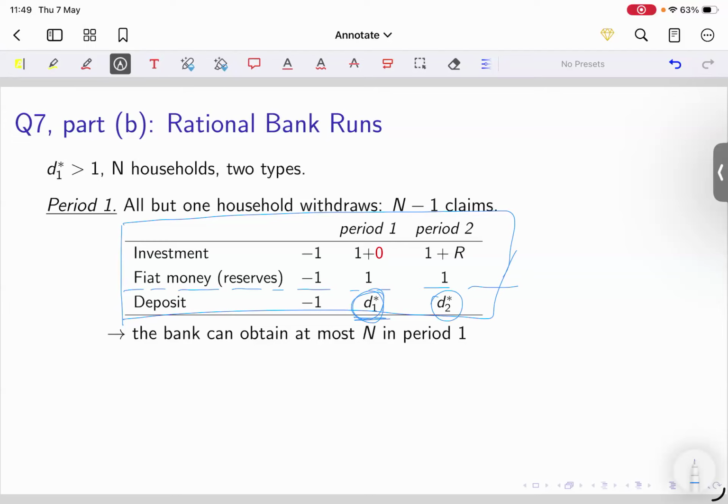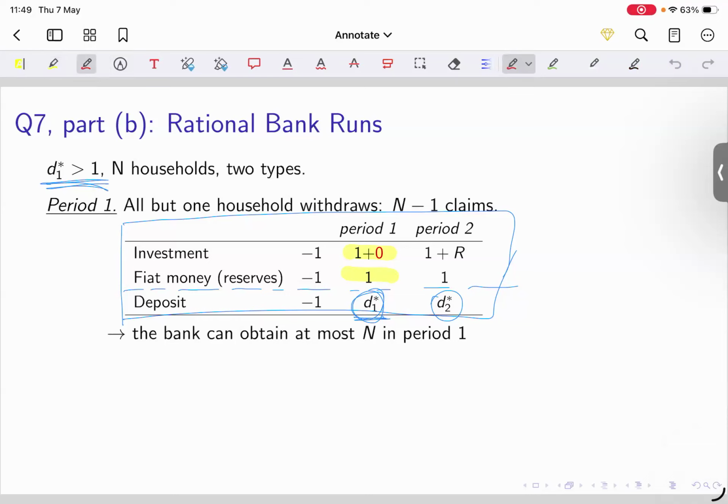But we said 2 important things, okay? D1 here is greater than 1. It's more than people deposited, okay? So for each dollar deposited, I need to pay something extra back. However, how much can I get back in period 1? Only the amount of funds that were initially deposited, right?